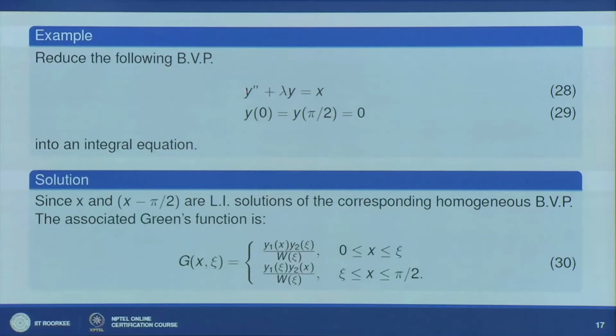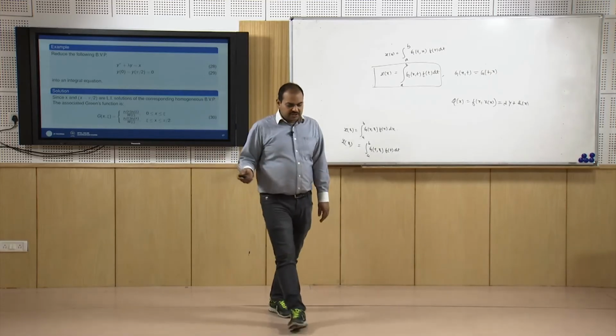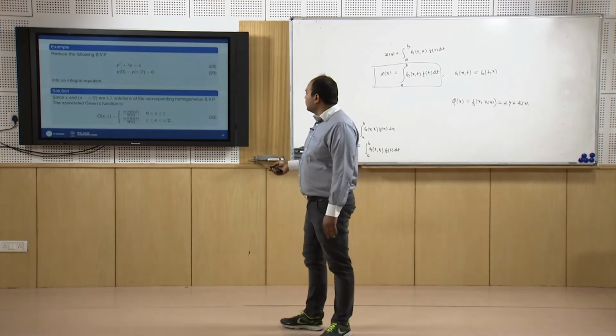So here we have y'' + λy = x, so here h(x) is equal to x, with the boundary condition y(0) = y(π/2) = 0, and we try to use the Green function to convert this differential equation along with the boundary condition into a Fredholm integral equation.